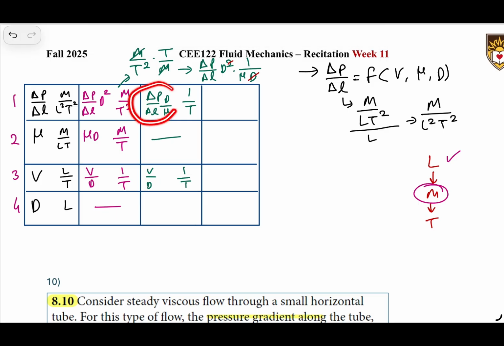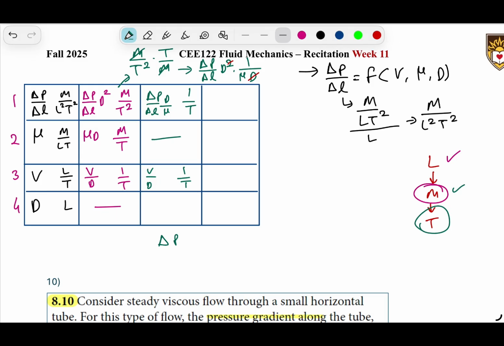Again, we can divide this by v over d. So we will get rid of T. So we have this equation, and we are dividing it by v over d.